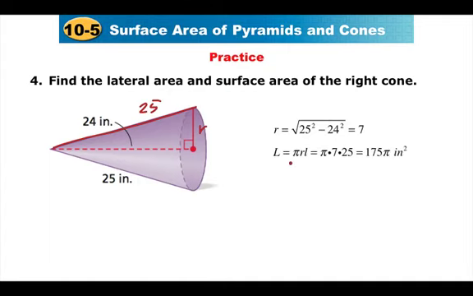Then the lateral is the following after you substitute: 175 pi. The surface area is the lateral plus the area of this circle, which is the base. And that's how we end up with 224 pi square inches. Let's move on to the next slide.